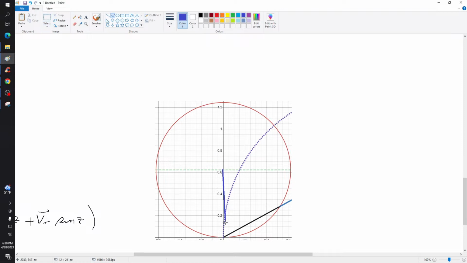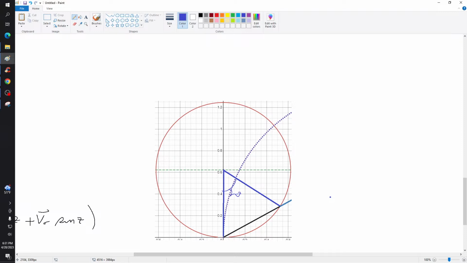Since the circle is offset from the origin, we know the radius. It's right there. It's a vertical offset. And then we have an isosceles triangle. So if this is theta, then this is pi over 2 minus theta. This is pi over 2 minus theta because it's isosceles. And then this must therefore be 2 theta.